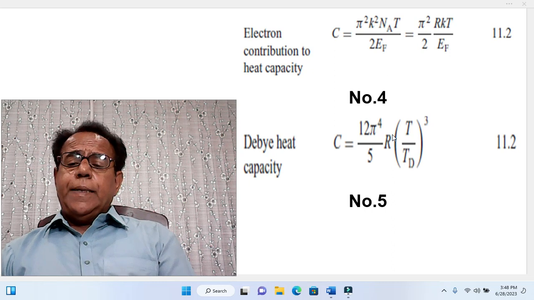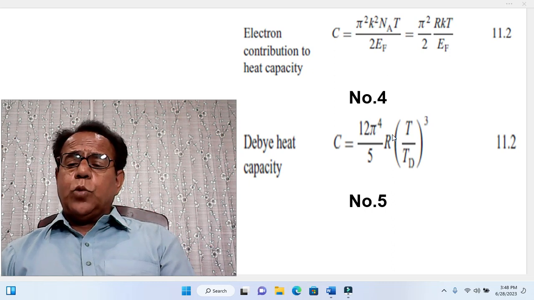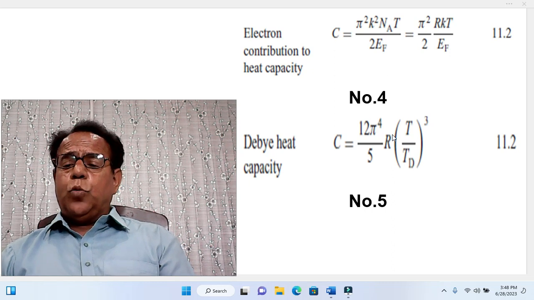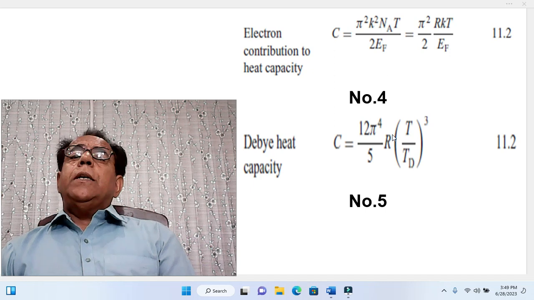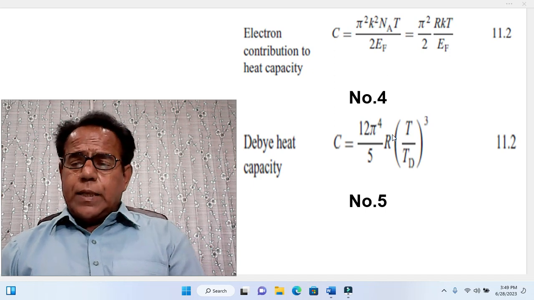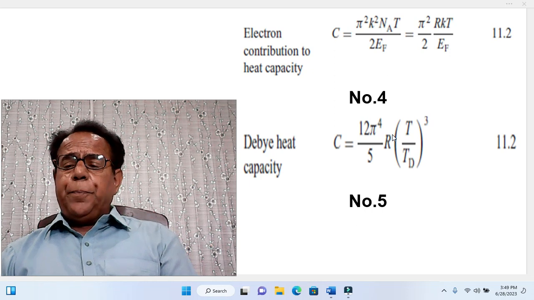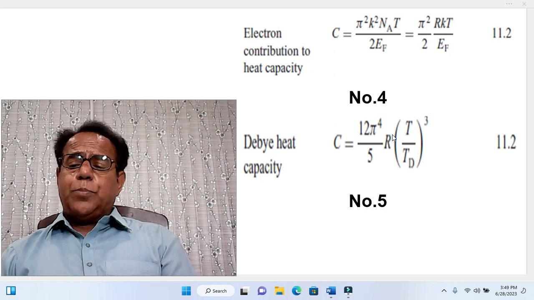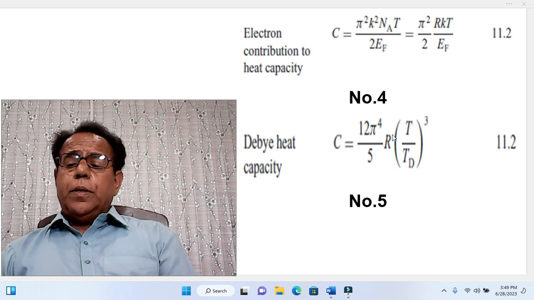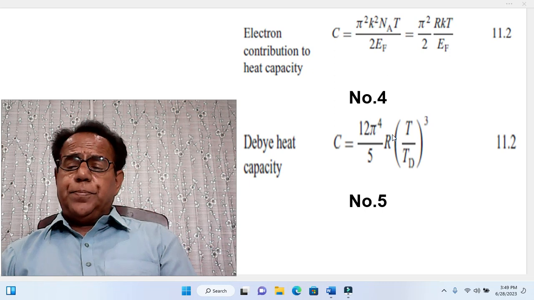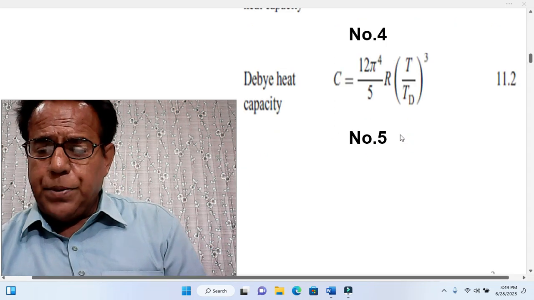Debye heat capacity C is equal to 12 pi raised to the power 4 over 5 into universal gas constant R into temperature T over Debye temperature TD, whole raised to the power 3.